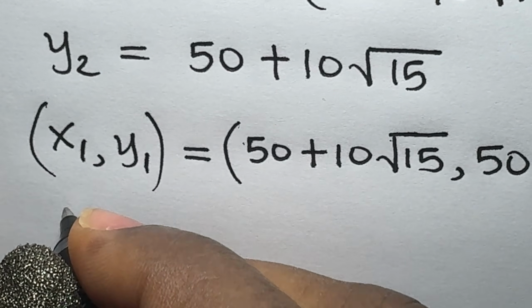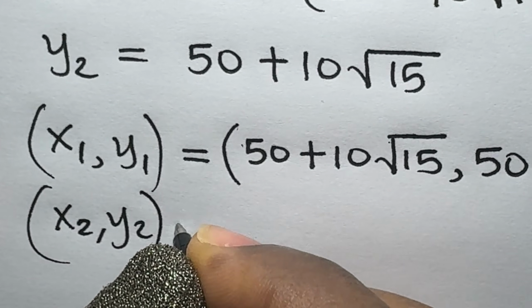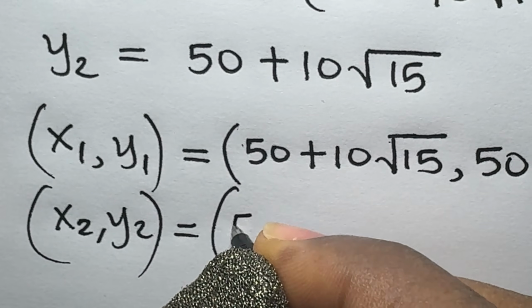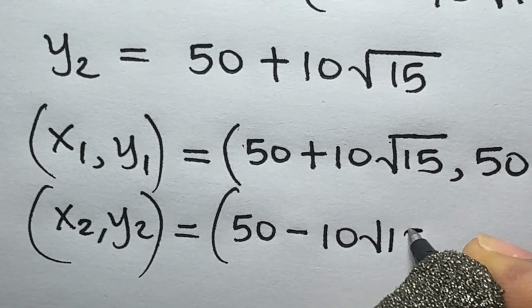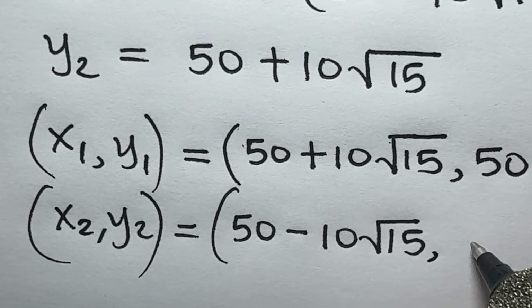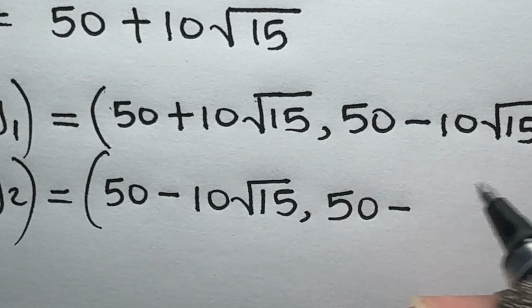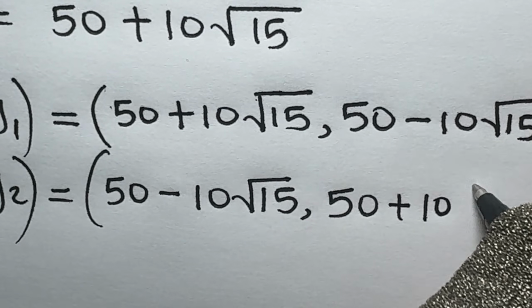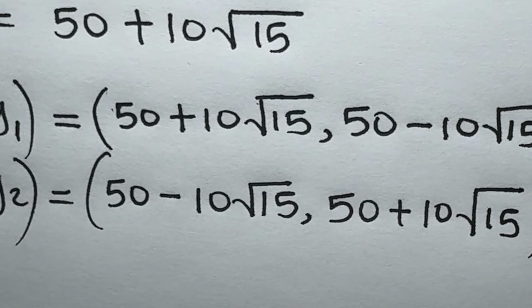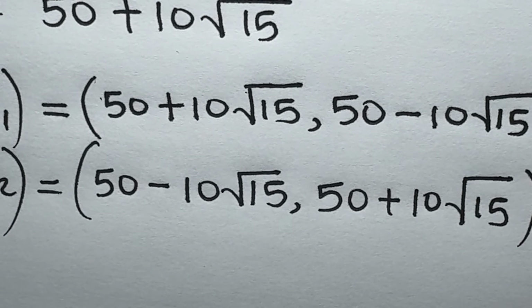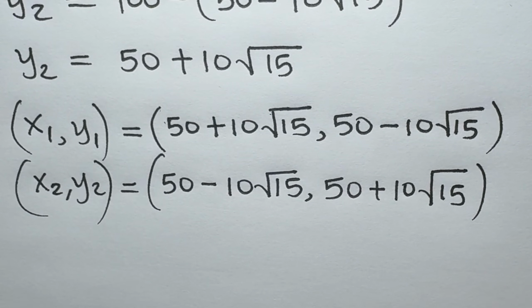Similarly, x2, y2 is 50 minus 10 root 15, comma, 50 plus 10 root 15. And these are the two sets of solutions for this problem.